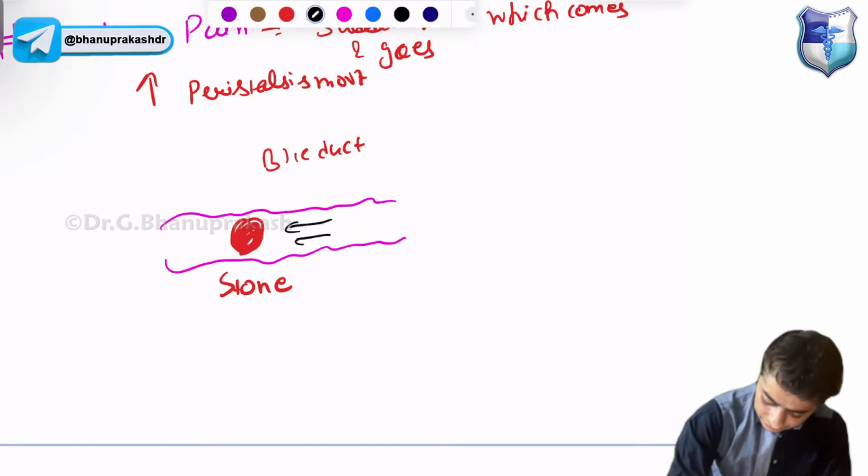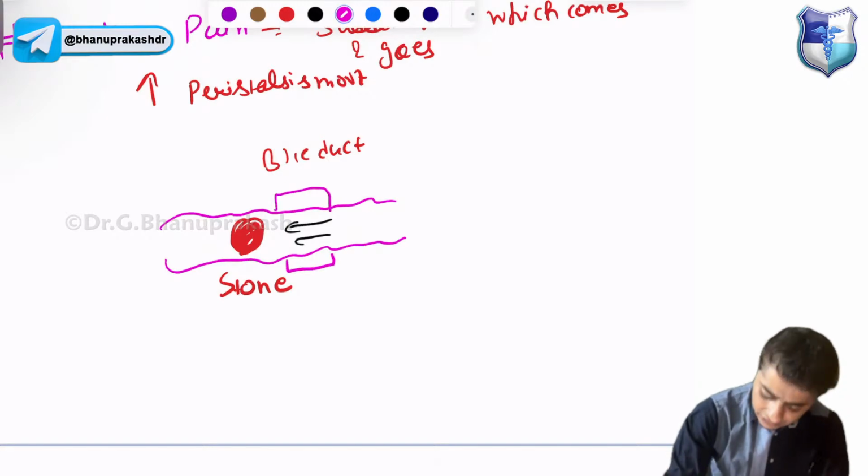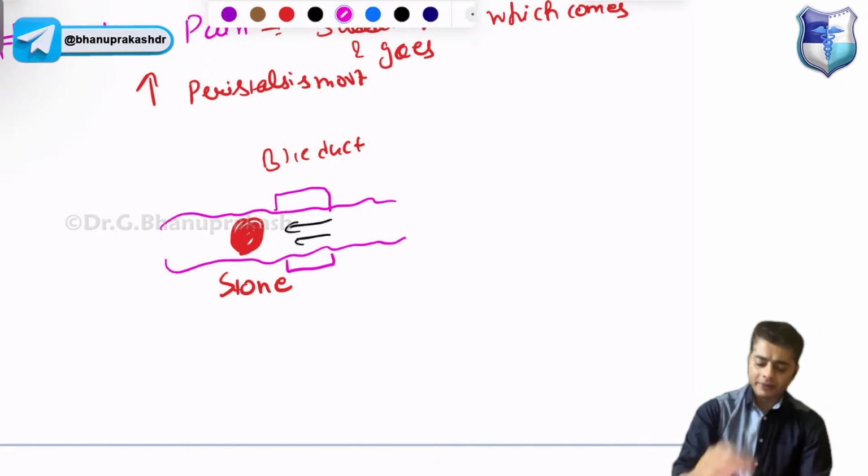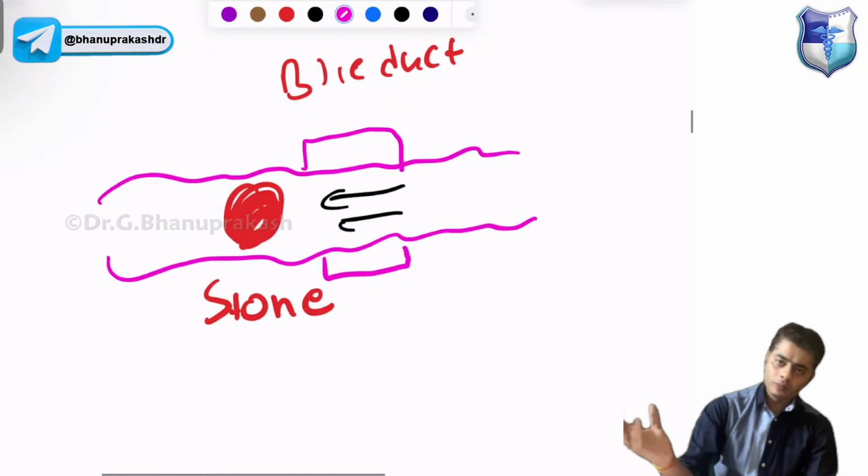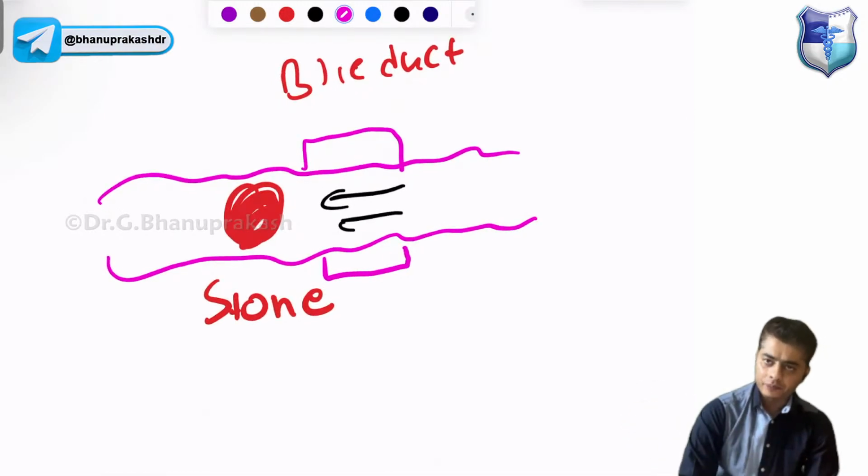So the muscles in these areas will try their hardest to push this stone so that bile can be drained.